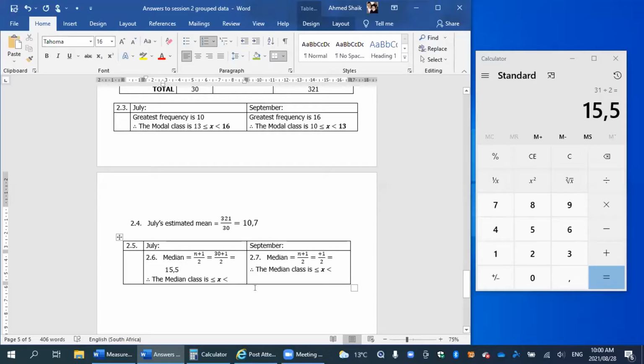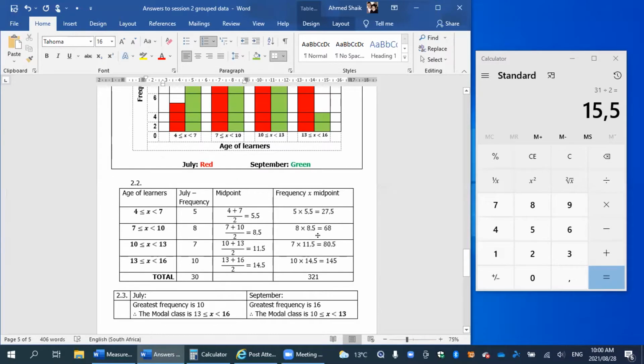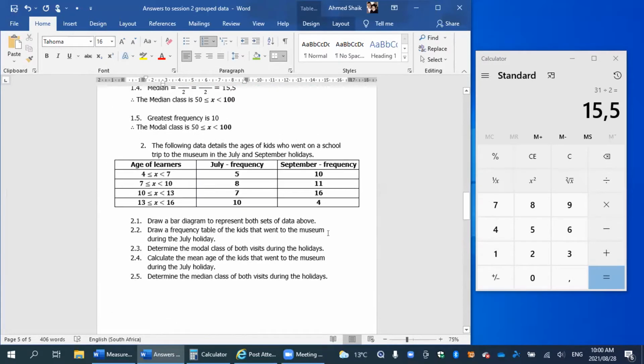Okay, let's calculate the median of the next, September frequency. Let's calculate that quickly. So we got 10 plus 11 plus 16 plus 4. And that tells us that there's 41 data values there.